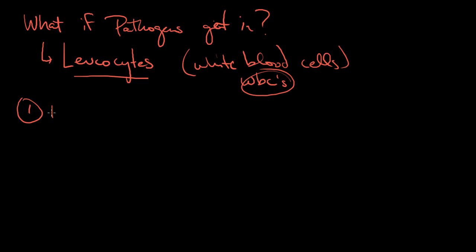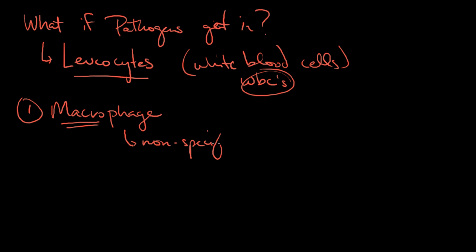So the first one we'll talk about are called macrophages. So macro means large, and these are large cells that are non-specific. So these are large white blood cells that are floating around in your bloodstream, and actually they can change shape. Sometimes it's called amoeboid movement. Basically, they can move around like an amoeba and squeeze between the cells of the lining of the blood vessels and find their way into other cells, or between other cells.